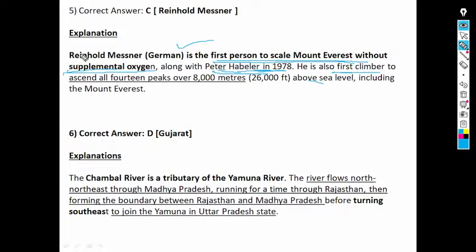So German Reynold Messner was very bold, and he did it in 1978, approximately 45 years ago.